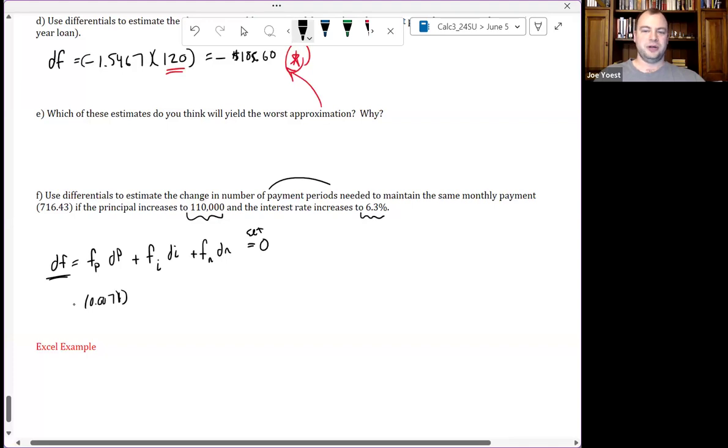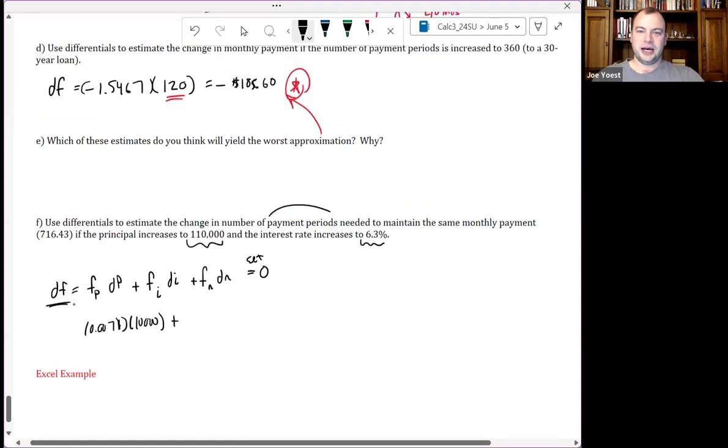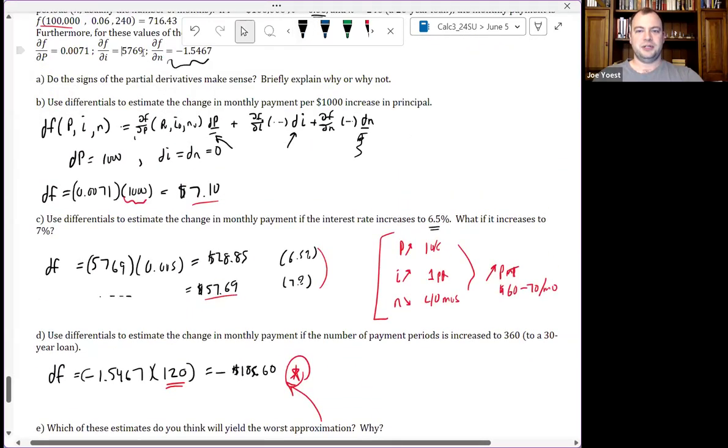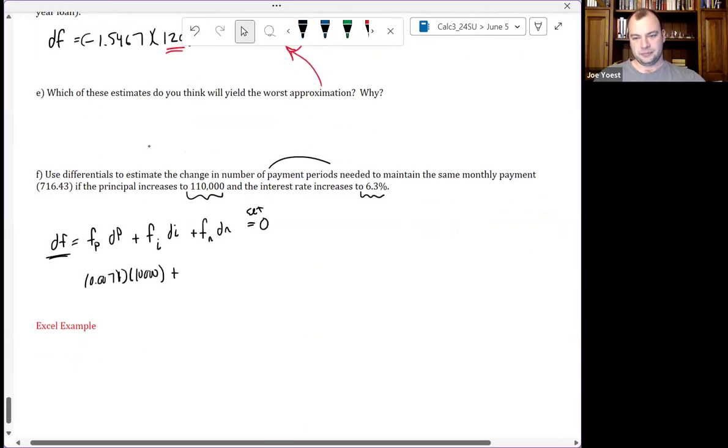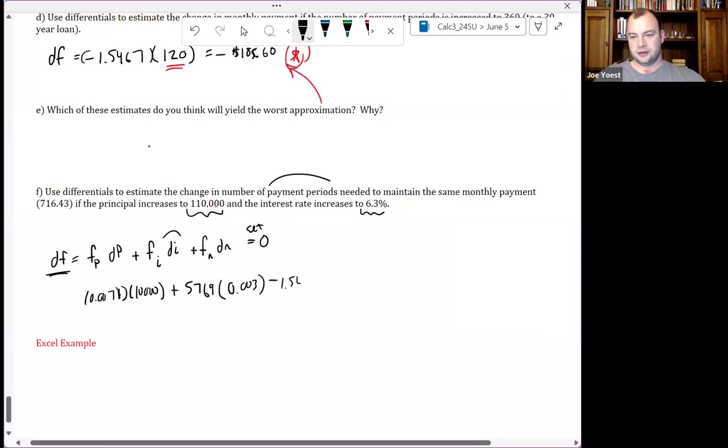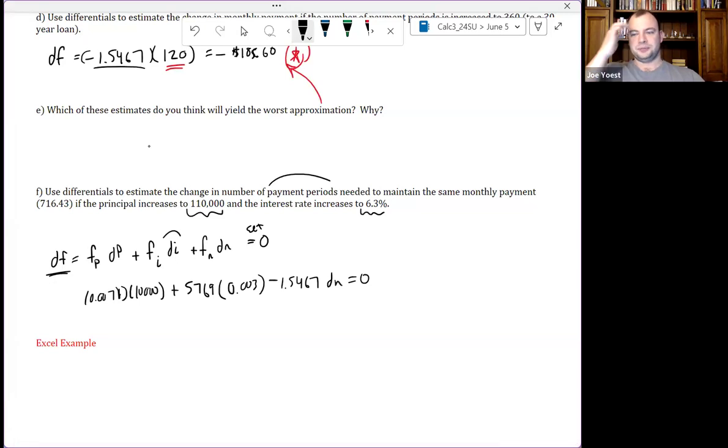The change in the principal, we went from 100 to 110,000, so the change was 10,000, plus DFDI at the point is 5769 times the change in the interest rate is, we have to be careful here, it's 0.3%, so that's 0.003, plus FN, well, this is going to be actually minus 1.5467, just this number up here, times dn equals 0.